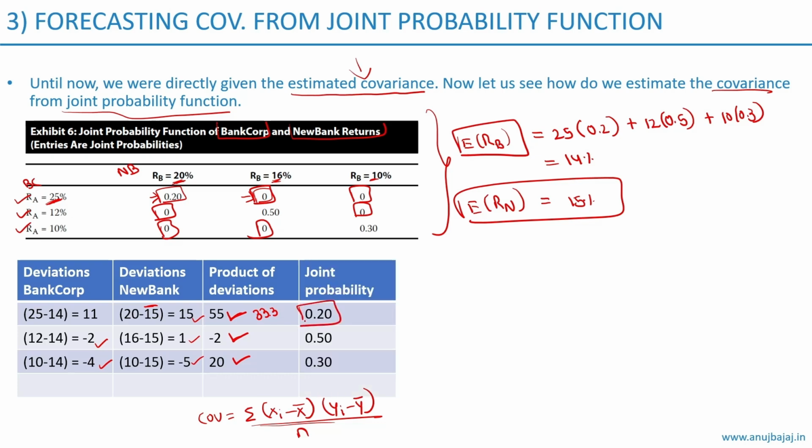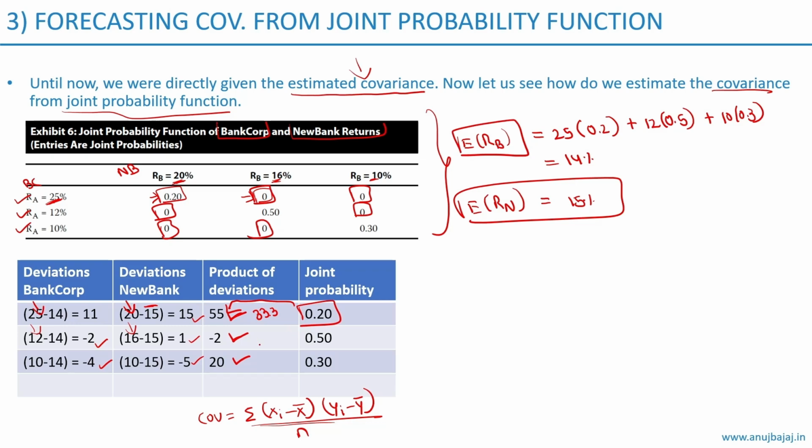The joint probability, that is, there is a 20% chance that the bank corp's return could be 25% and the new bank's return could be 20%. So this means that there is a 20% chance that the deviation could be 55. Similarly, there is a 50% chance of the bank corp's return to be 12% and new bank return to be 16%, the joint probability.